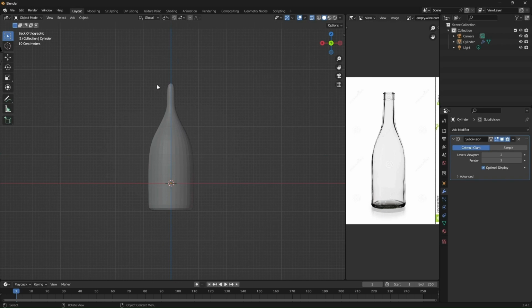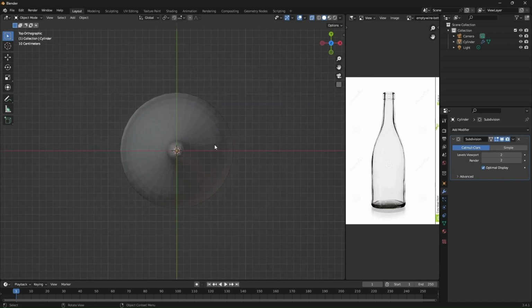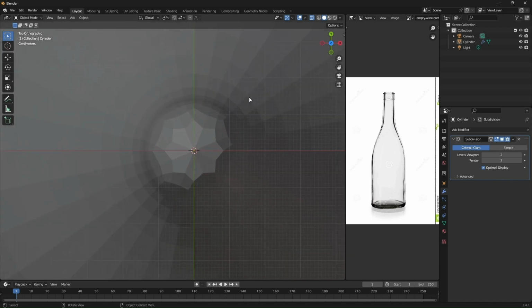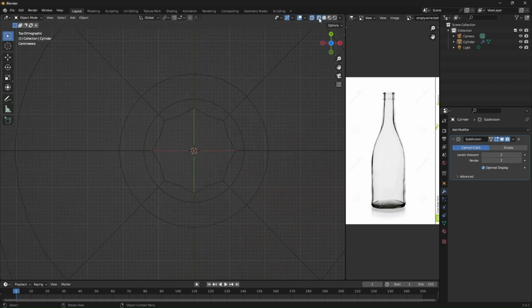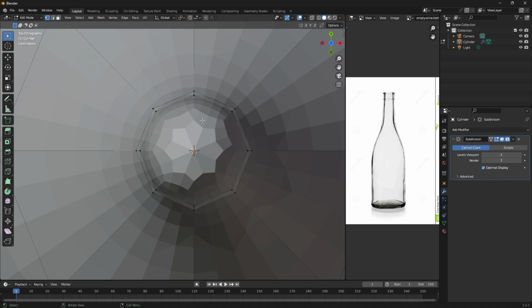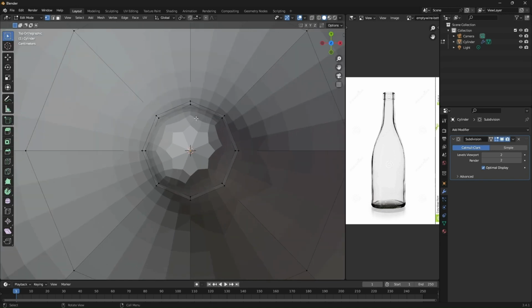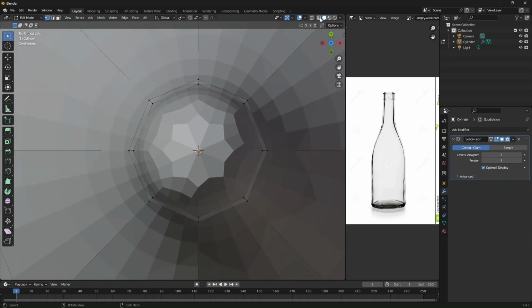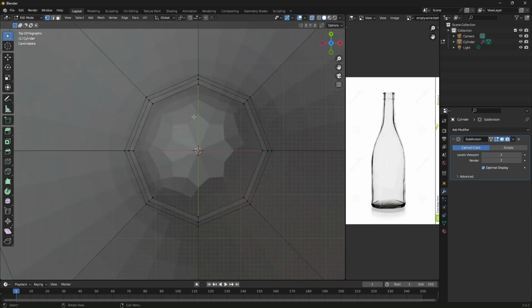So I'm going to move on to the top view. I'm going to switch over to the Z-axis. And since this is a bottle, we want to open up this top. So let's go ahead and select those vertices. Actually, let's go back to this and switch into edit mode. There we go.